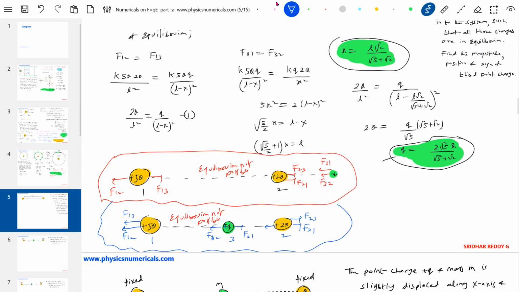Nothing wrong in assuming whatever; analyze and conclude. The last situation: if the point charge Q is kept outside, external to the point charges, 5Q and 2Q, let me keep it here, points 1, 2, 3. Will there be any possibility of equilibrium?